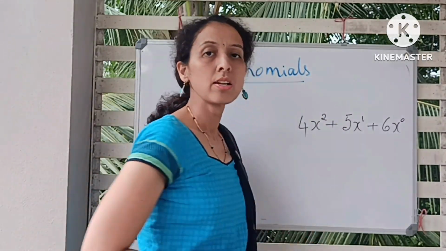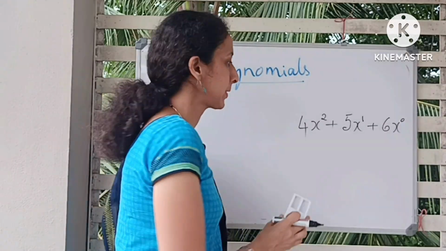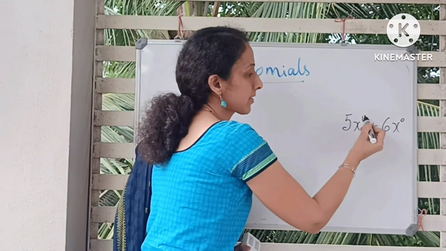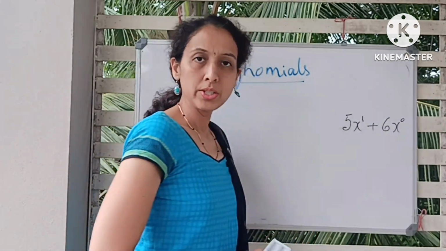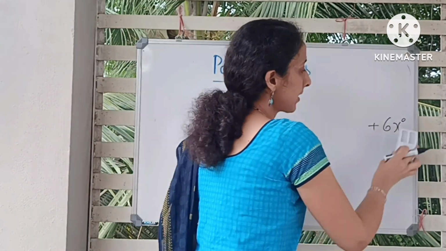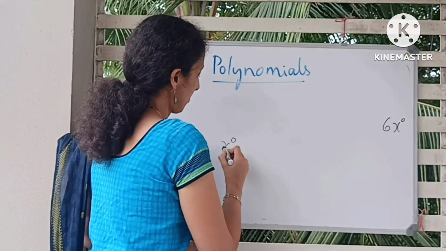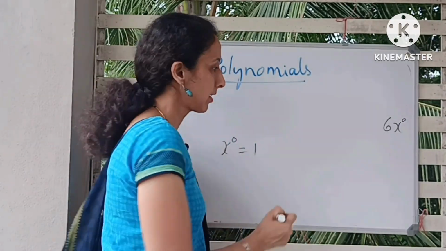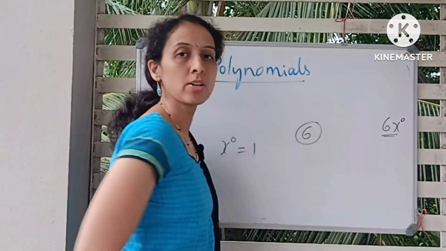So this is a polynomial of degree 2 called quadratic polynomial, and now this has x raised to the power 1, which is called linear polynomial, and here x to the power 0 we know is equal to 1, so we only have a constant term in this, so this is the constant polynomial.